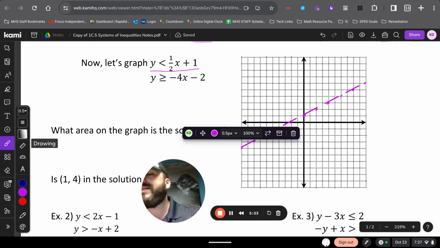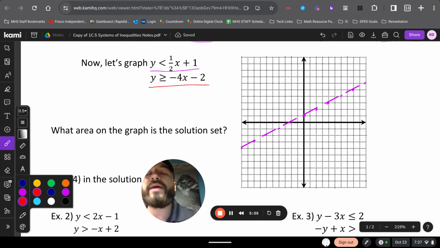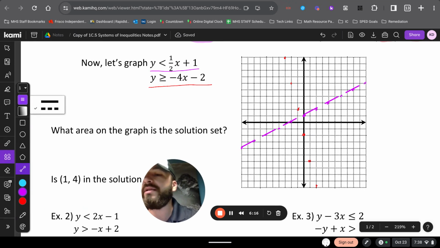And then for my second graph, y is greater than or equal to negative 4x minus 2. So same thing. Negative 2 for that y-intercept, down by 4 and over by 1. And then same thing in the other direction. And this one is a greater than or equal to, so it is a solid line.